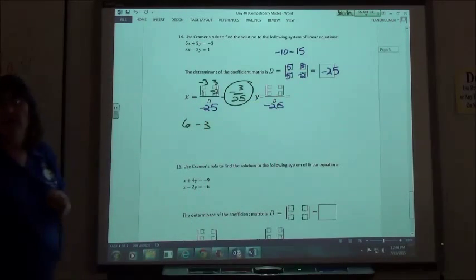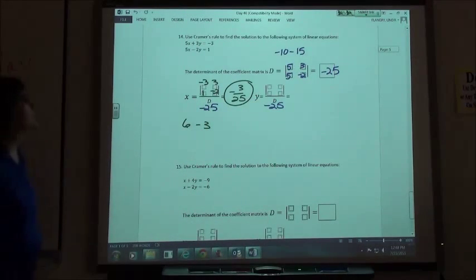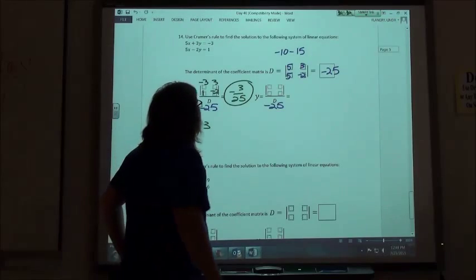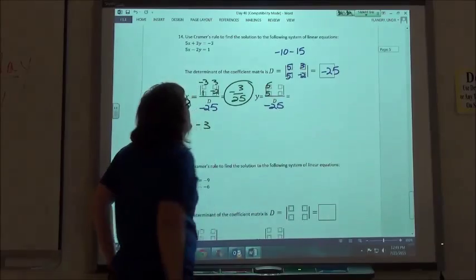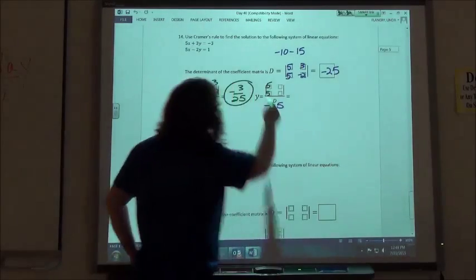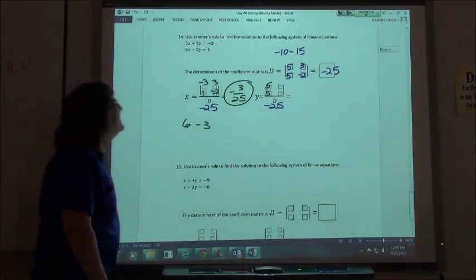Our y determinant, we're going to have what? 5 and 5, and then our y column is negative 3 and 1.